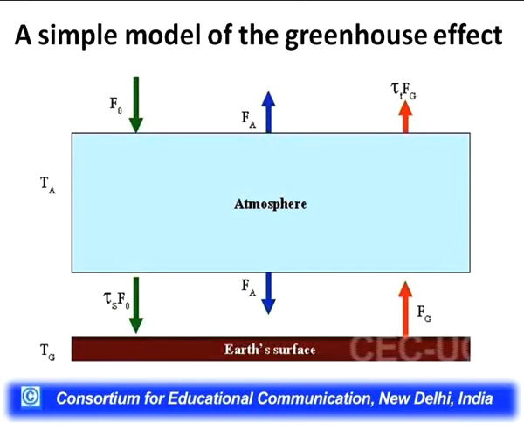So, mostly all of it comes as short wave radiation, whilst when it goes back after striking the earth's surface, it goes back in the form of long wave radiation.